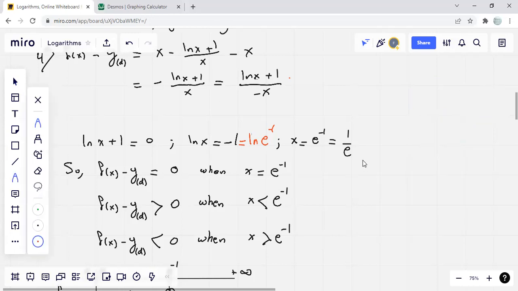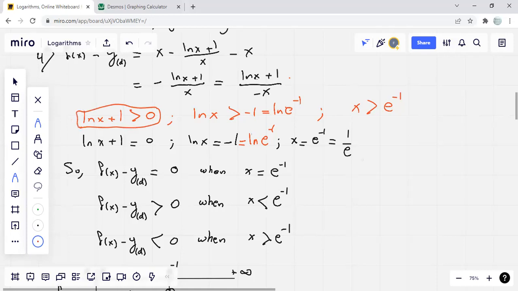مثل ما حلينا هاي هي z، بس نكتب مثلا ln x plus 1. For example, is this positive? This is positive لما تكون ln x is greater than minus 1, which is equal to ln e to the power minus 1. ln greater than ln معناتها x is greater than e to the power minus 1. okay, لكن هاي بتطلع positive لما x تكون greater than 1 over e. بس again ما بدنا ننسى انه اذا هيدا numerator كان positive و denominator شو عندنا اياه negative.